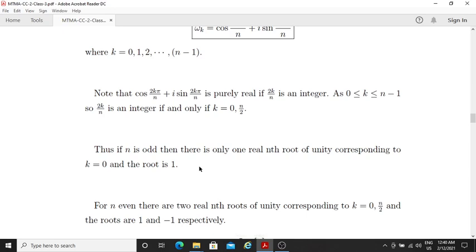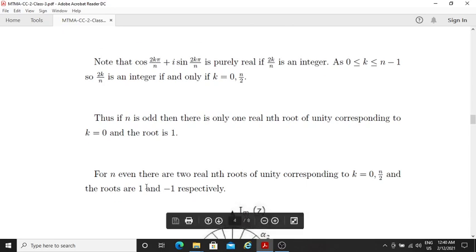And when n is even, you can definitely get an integer value here. So you can have two different values of k for which this is an integer. For k equals 0, you get 1. And for k equals n/2, you will get minus 1. Why will this be minus 1?